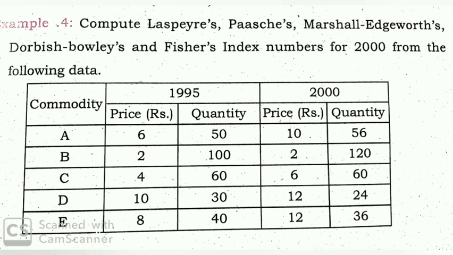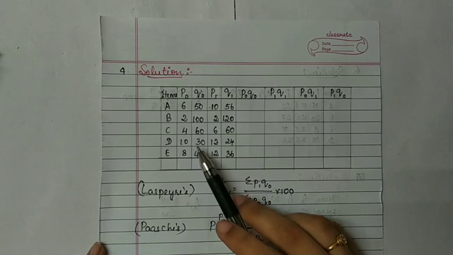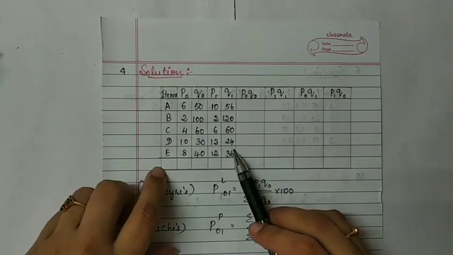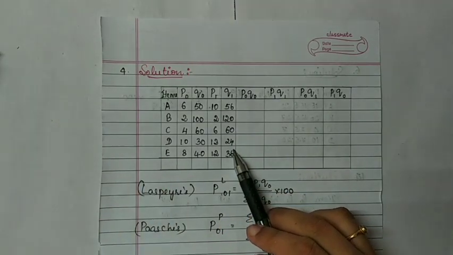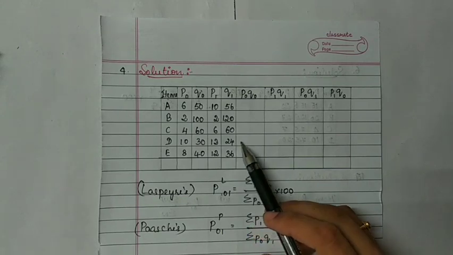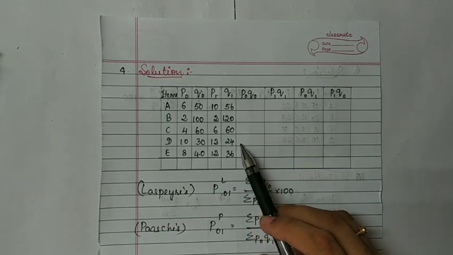So 1995 will be our base year and 2000 will be our current year. Commodities, P0, Q0, P1, Q1 are given. First write down the problem as it is, and then we are asked to calculate almost all the weighted aggregative index numbers, isn't it?